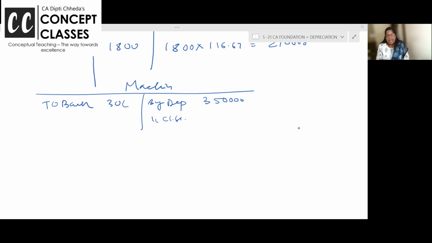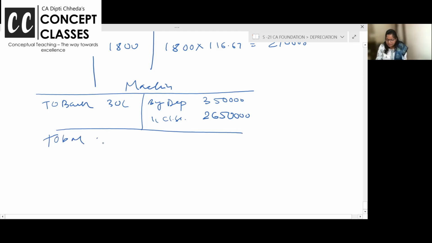Machine is 30 lakhs and 3,50,000 is the depreciation. So 26 lakh 50,000. Okay. Right. I've closed the surrounding doors so that there is not much disturbance. Check if it is clear now. Next, again, the opening balance will come as 26,50,000.